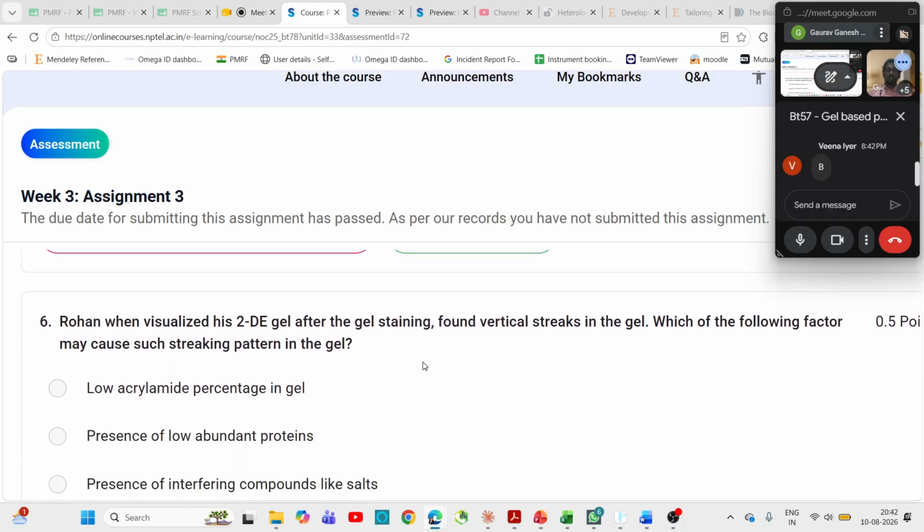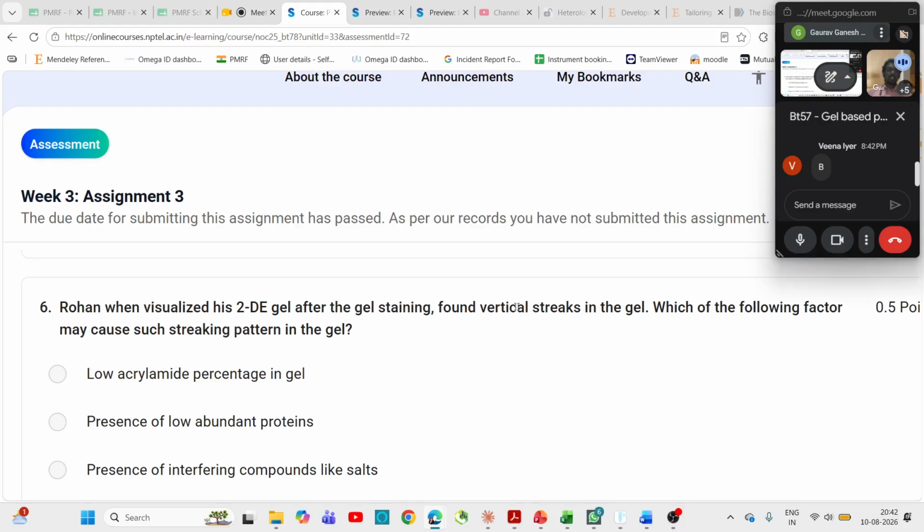Rohan, when visualized his 2DE, found vertical streaks.